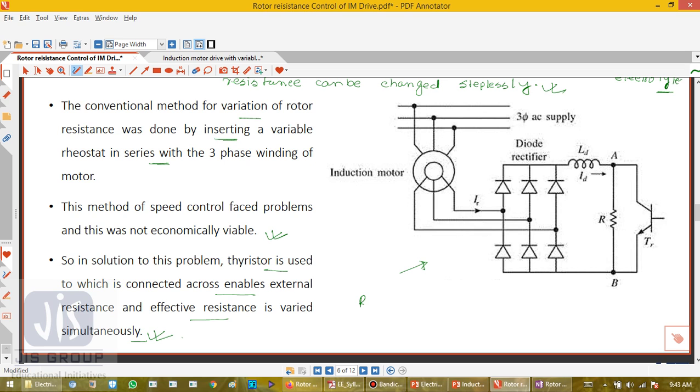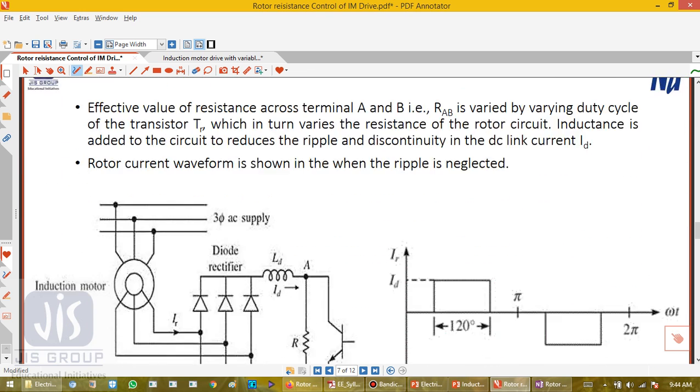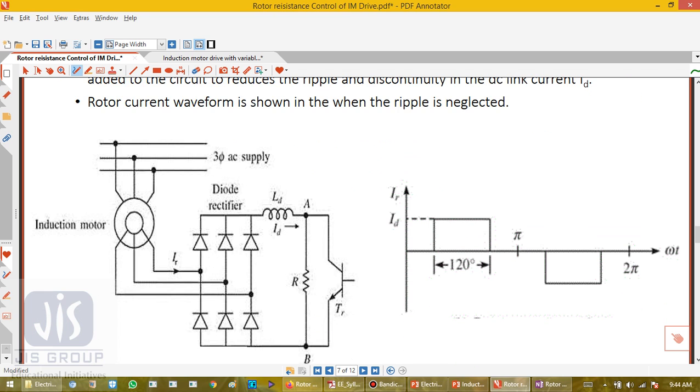So this is rotor resistance control using a chopper, and this is the circuit.